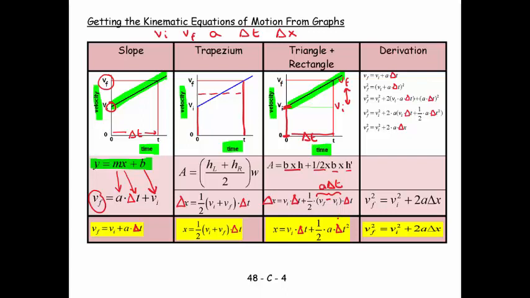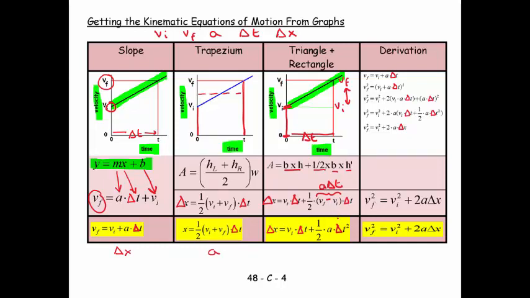Initial velocity, final velocity, acceleration, duration, and displacement. 5 parameters. And if you look at this one, it's got 4 parameters in the equation, and the parameter we're missing is delta x. And in this equation, we have 4 parameters, and the one we're missing is A.